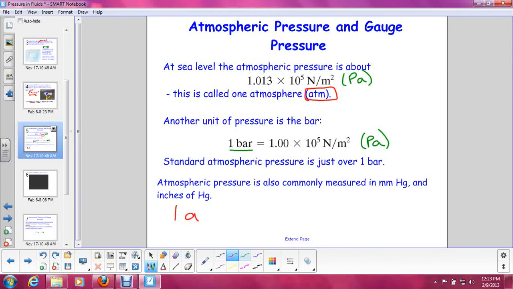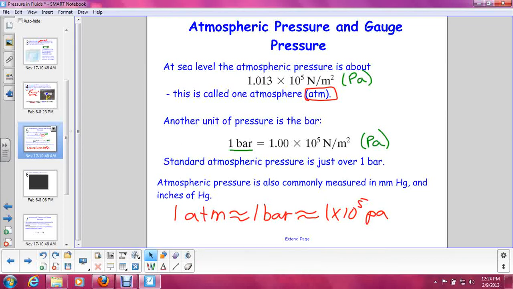We have 1 atmosphere is approximately 1 bar, which is about 1 times 10 to the 5 pascals. And we also measure atmospheric pressure in millimeters of mercury. I'm not going to go into the conversion to that yet. We will talk about that in a later video.